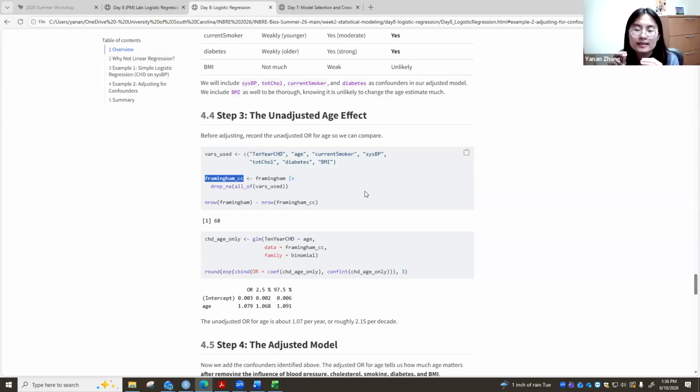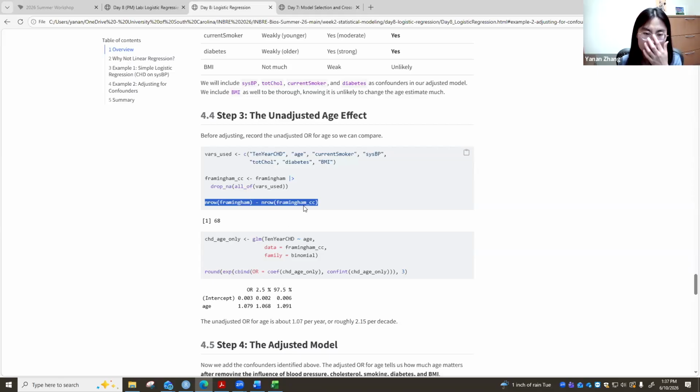This will be a smaller dataset, which only includes 7 variables without any missing data. We will use this Framingham CC as our final analysis dataset. And we can see about 68 subjects were removed due to missing values in any of those variables.